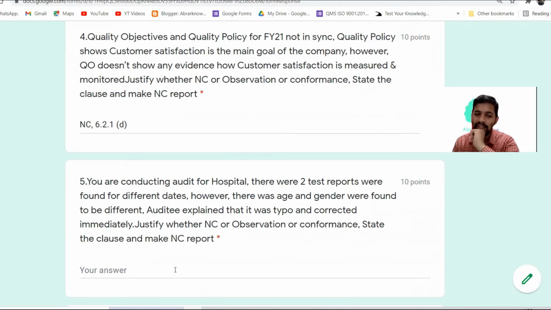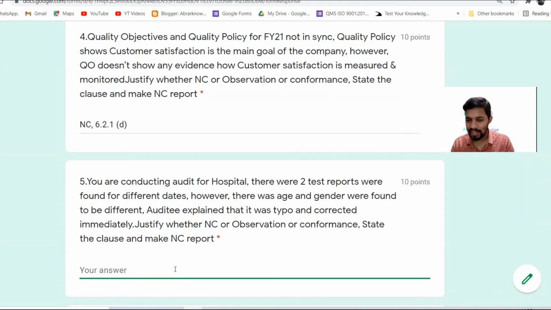In this case, remember, as per ISO 19011, once an NC has been identified, we should not withdraw it. We should look for preventive action, how we can avoid these reoccurrences, right? So in this case, it's a clear-cut NC because it is very critical. If the test reports were mistakenly identified on age and gender, the doctor might take the wrong decision.